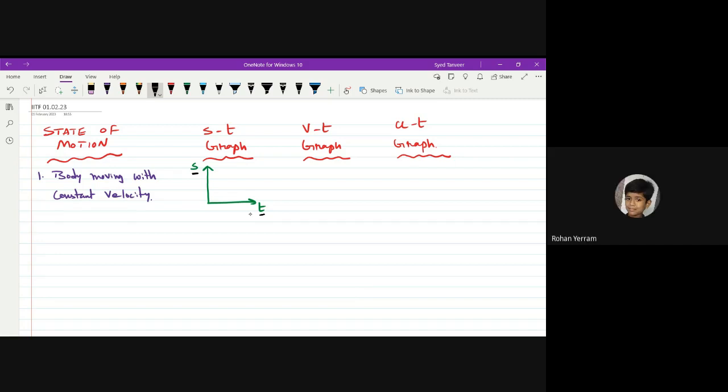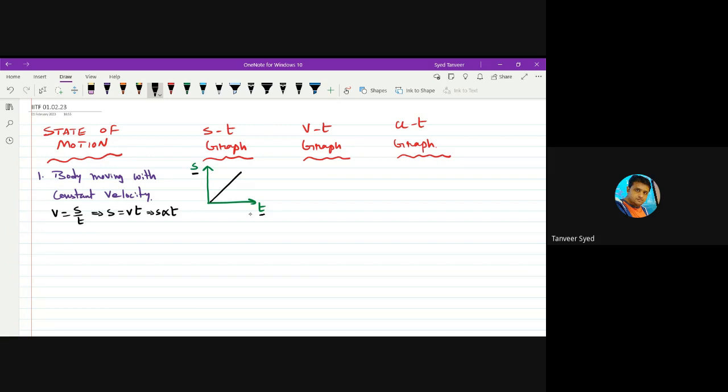Sir, displacement equals velocity times time. Velocity is equal to displacement by time, or displacement is equal to velocity into time. As velocity is constant, displacement is directly proportional to time. This is like y directly proportional to x. Then the graph will be a straight line like this. So the ST graph is a straight line.